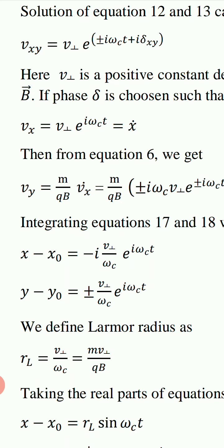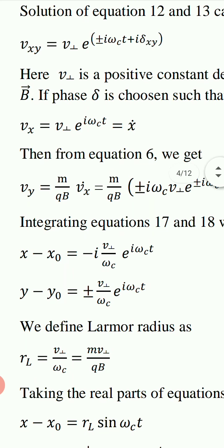If we choose phase delta such that, then we write Vx equal to V perpendicular e to the power i omega c t, and this is equal to x dot. Vx is the x component of velocity and it is dx upon dt, which we write as x dot. Then from equation 6 we get Vy.